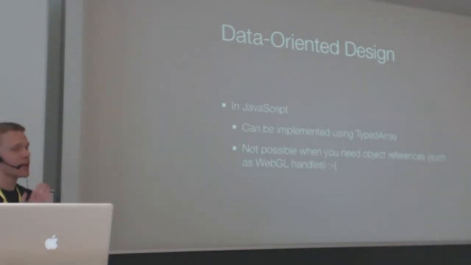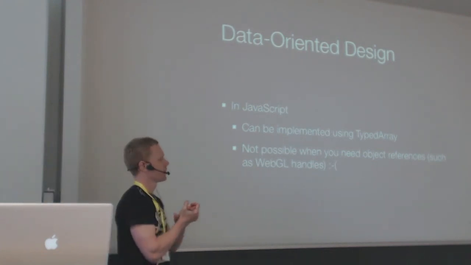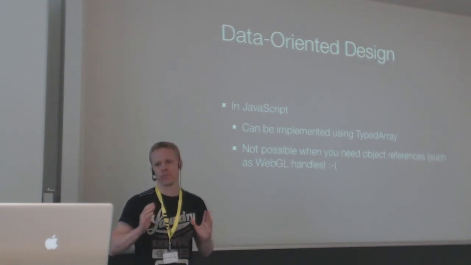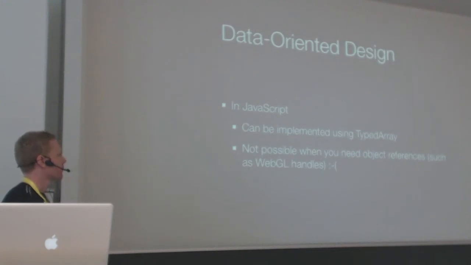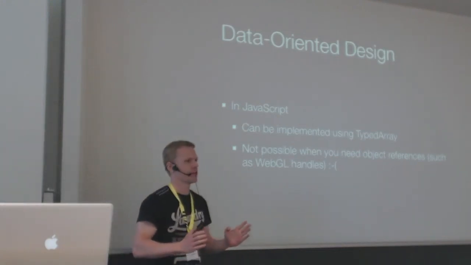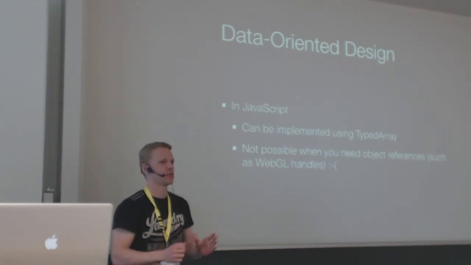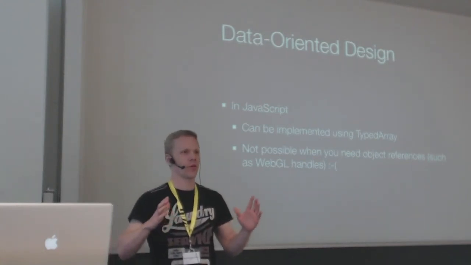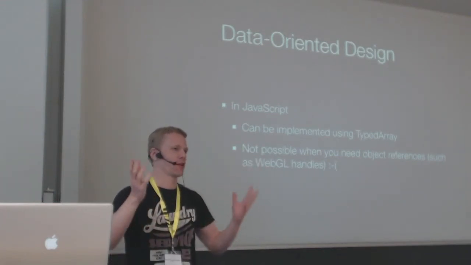Now, in JavaScript, the problem with doing this is that it's not always possible to use this data-oriented design. The problem is that in JavaScript, objects are allocated on the heap. So whenever you have an object, you cannot really tell JavaScript where to allocate it. It's just allocated somewhere in the heap.